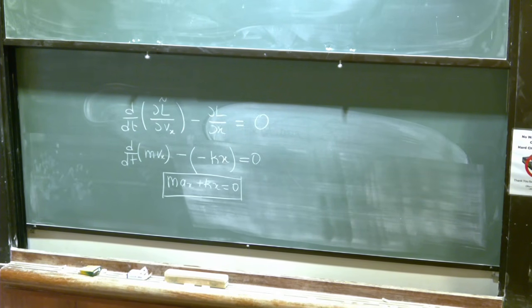Why are we assuming dvx by dx is 0? When we're calculating dL by dx, we're assuming dvx by dx is 0. Why? Yes, we assume, it is an assumption that we make, that the generalized coordinates and the generalized velocities are independent.